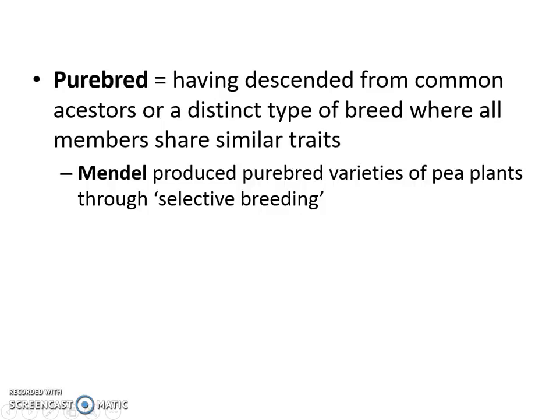Again, if certain plants came out tall and short, he would get rid of all the short ones and rebreed all the tall ones. He just kept rebreeding all the tall plants over and over again until the only offspring that were produced were tall. That's how he got his purebred. He weeded out the other trait.